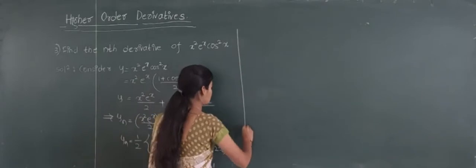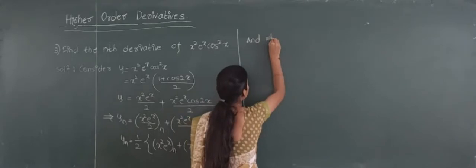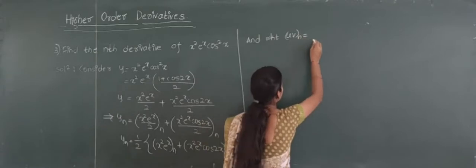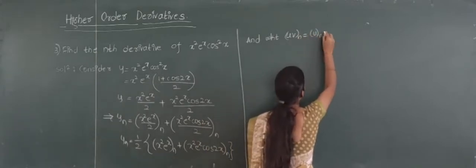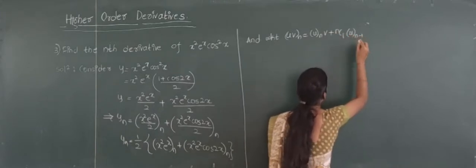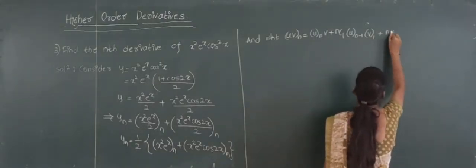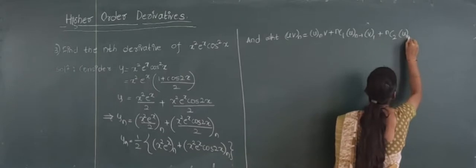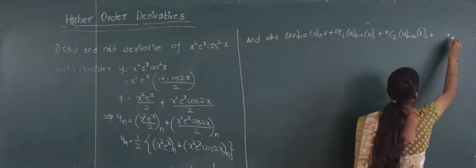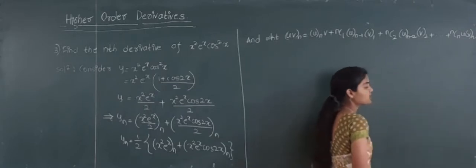But before that I will write the Leibniz theorem. We know that the nth derivative of u into v is: nth derivative of u, v as it is, plus nC1, n minus 1th derivative of u and first derivative of v, plus nC2, n minus 2th derivative of u and second derivative of v, and so on, and plus nCn, u as it is, nth derivative of v.